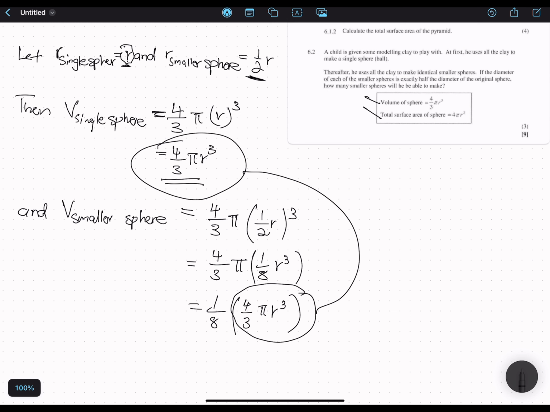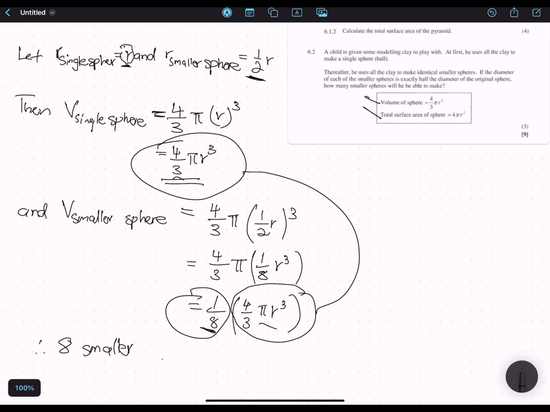So the only thing the question here is asking us, how many smaller spheres will we be able to make? Already you can see this will be the answer, right? So you can just say, since this is the same, but we multiply this by 1 over 8, then therefore 8 smaller spheres, it's going to be 8, right?